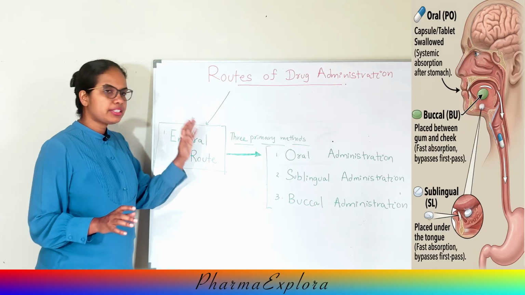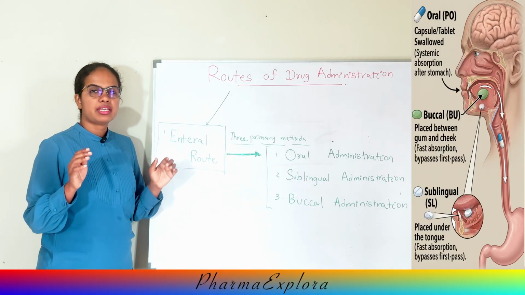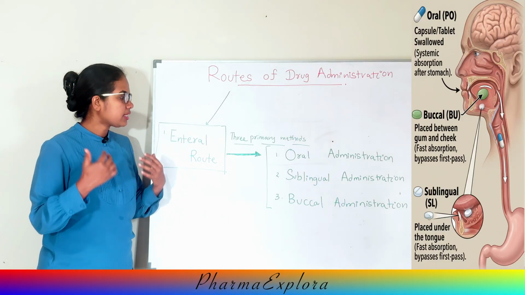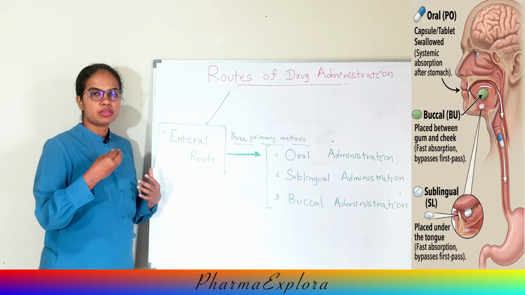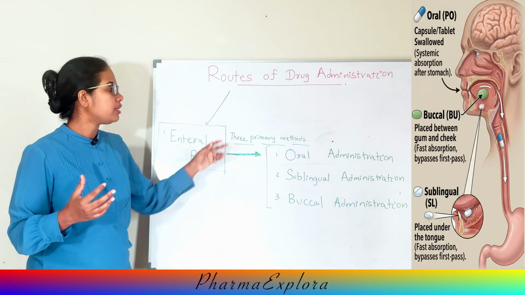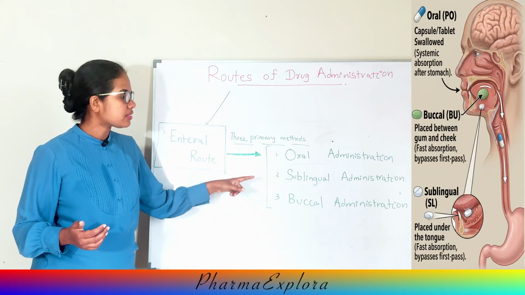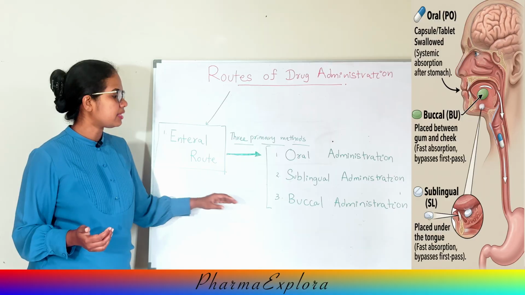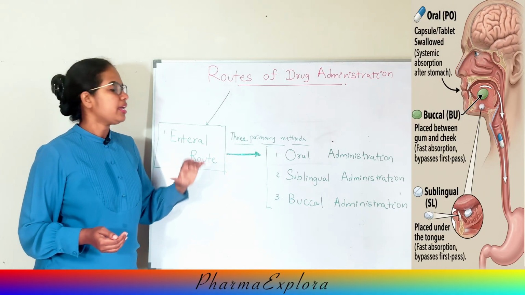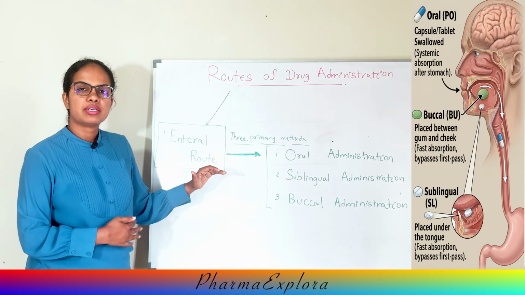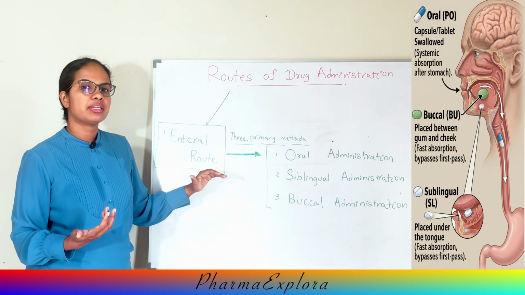So the enteral route means primarily involving the gastrointestinal tract. Taking the medicine by mouth, we divided into three main methods: oral, sublingual, and buccal administration. In oral administration, you swallow the pill and it travels down to your stomach and intestine to get absorbed.